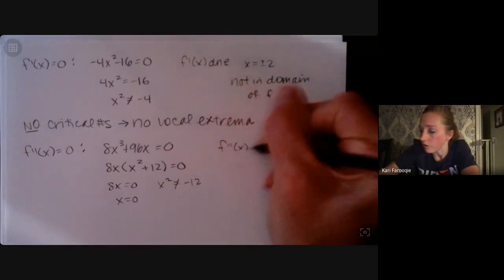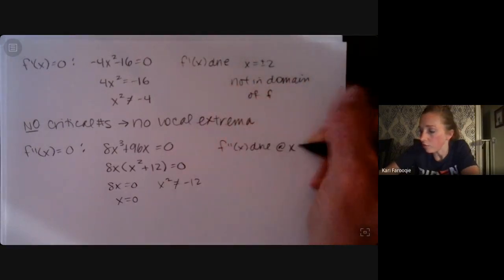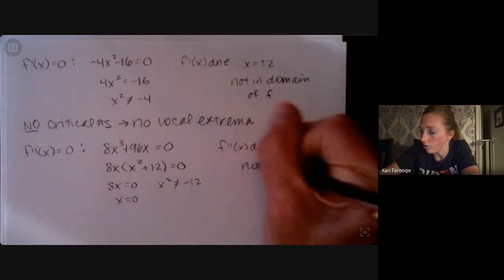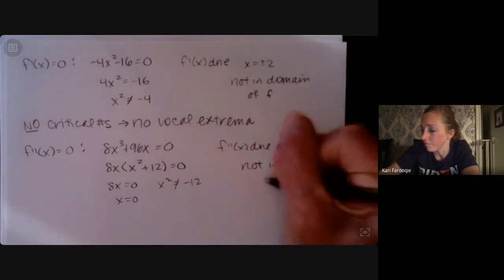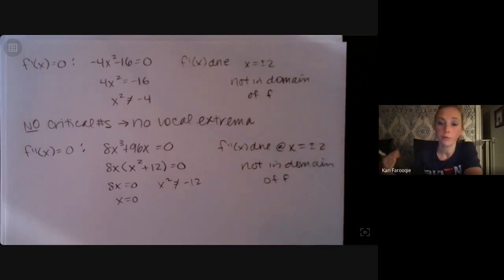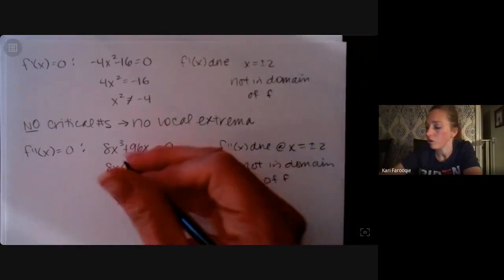Note that f prime of x does not exist at x equals plus or minus 2, and these are not in the domain of f. They're vertical asymptotes, so they're not going to represent any sort of local extrema. They're not going to represent any sort of points of inflection.